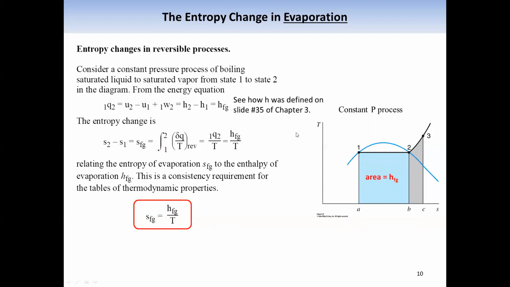So we have the first law embedded in my statement earlier, but the result is very important if we want to estimate the entropy change of evaporation or phase change. It involves the latent heat under the same temperature. So latent heat divided by temperature.